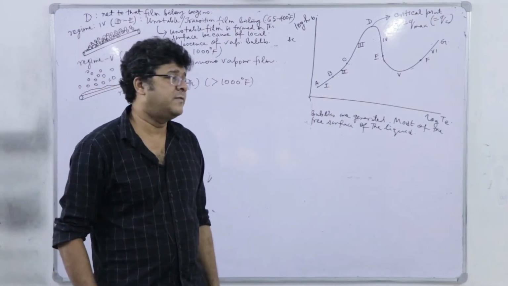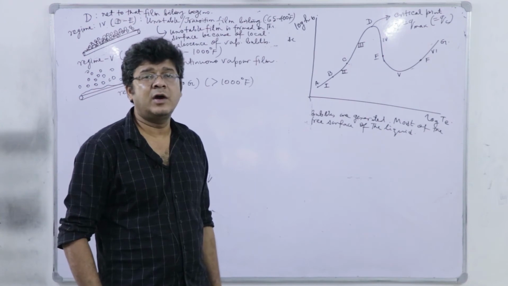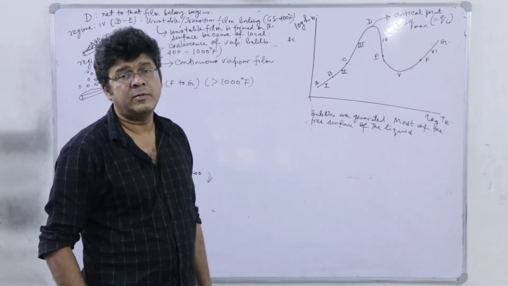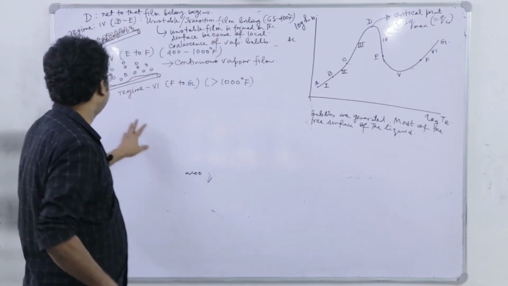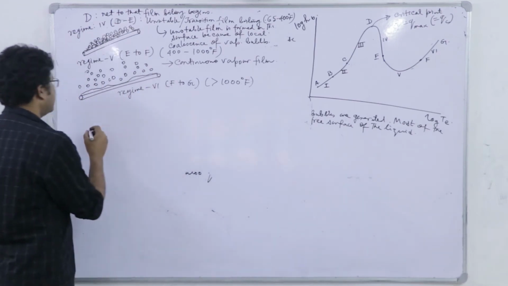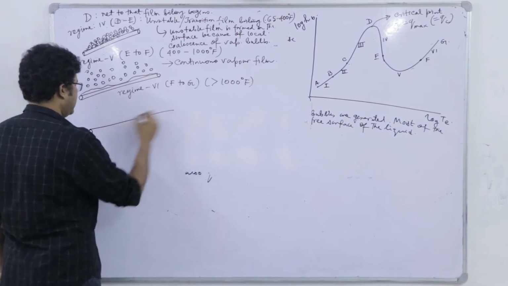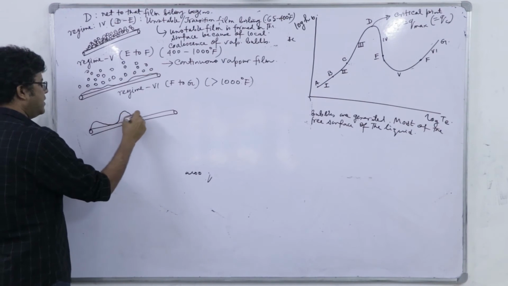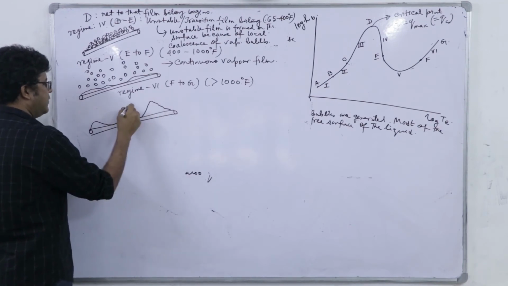Because it may happen that the heating coil may burn out, right, and that is commonly known as the problem of boiling crisis. So, here in this region, the secondary nucleation spots are very prominent.